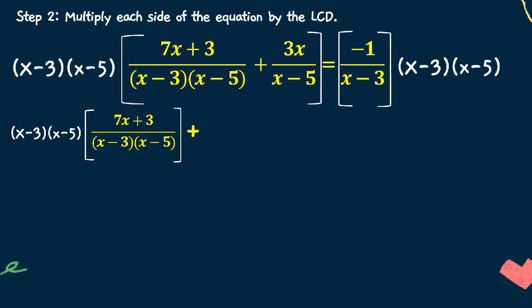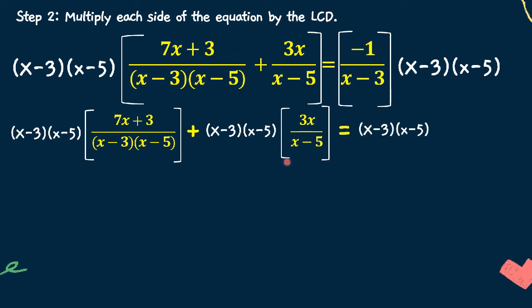We have to copy the addition sign. We have the second term multiplied by the LCD and copy the equal sign. On this side, we have to multiply negative 1 over x minus 3. Next, simplify each term or each equation.